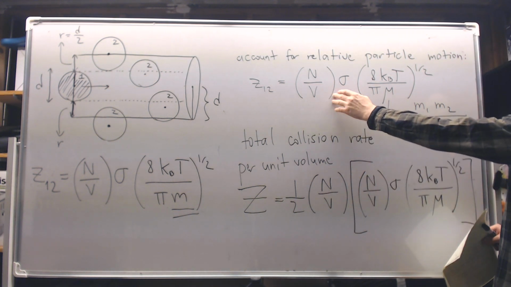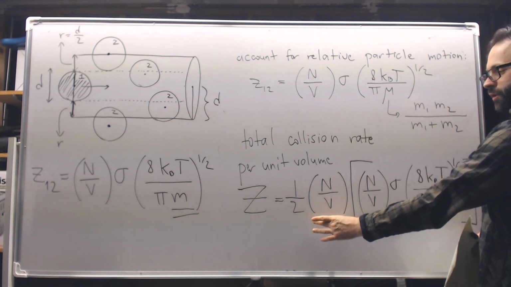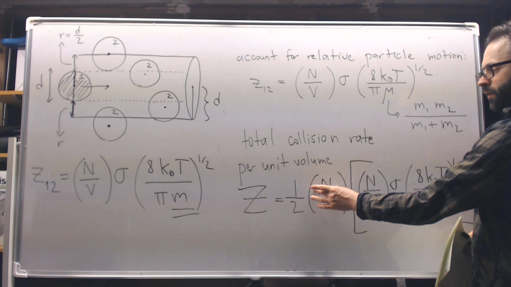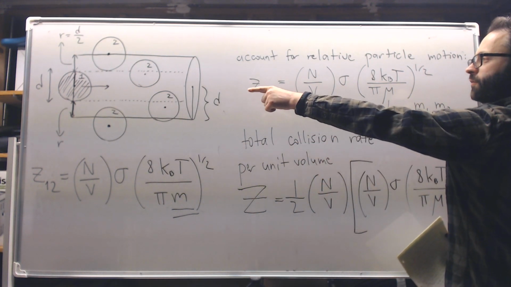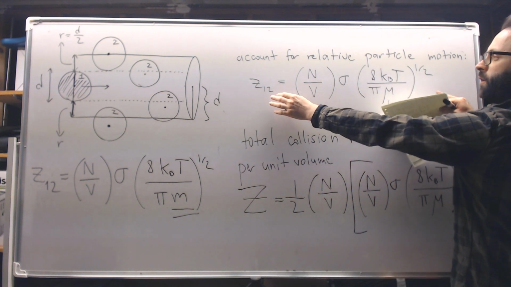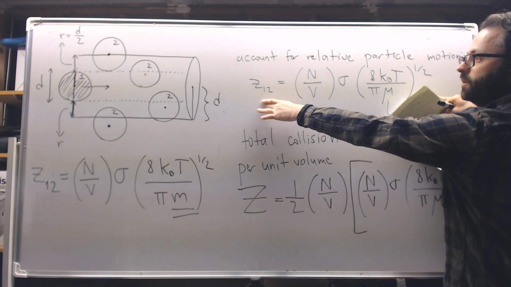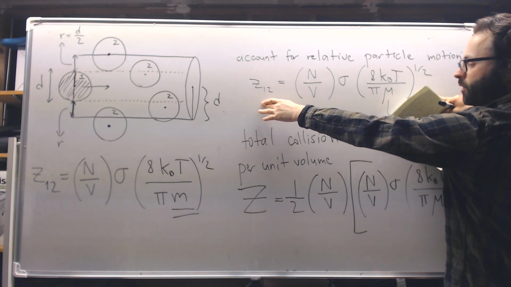Compared to the single particle collision rate, there is an additional factor of n over v. Why n over v? Well, first of all, why n? Because there are n of these molecules, and each molecule is undergoing collisions at this rate. So the total collision rate is n times the collision rate of a single molecule.